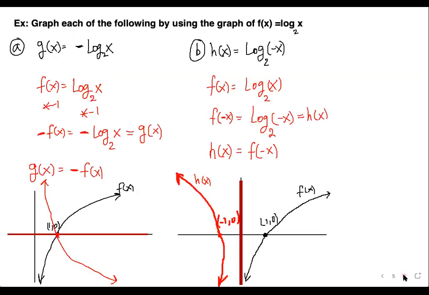Okay. So now let's go to the common logarithm. Something new called common logarithm. What is the meaning of common logarithm? It's a logarithm with which base?